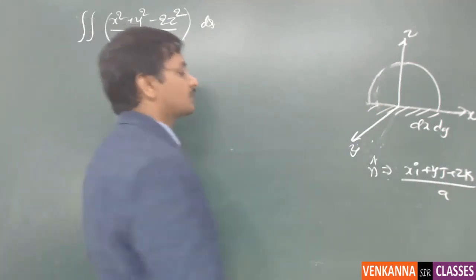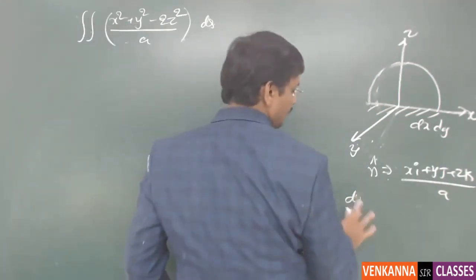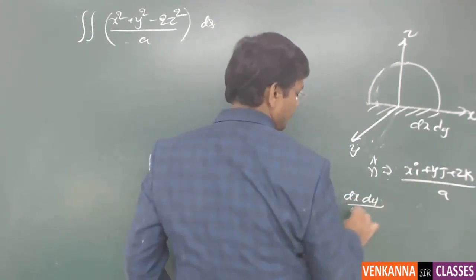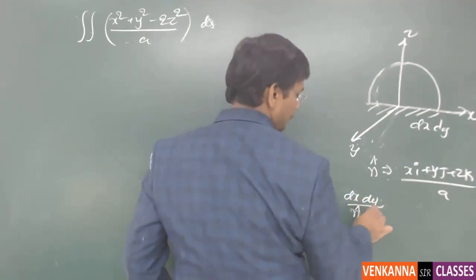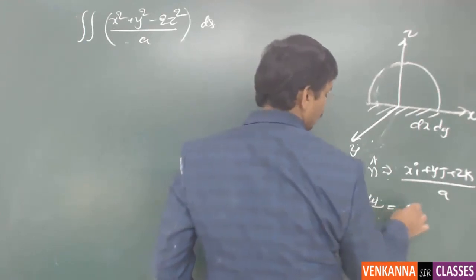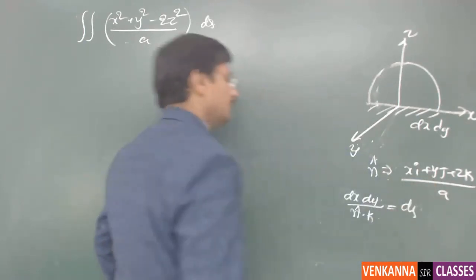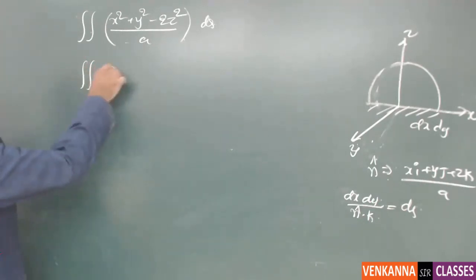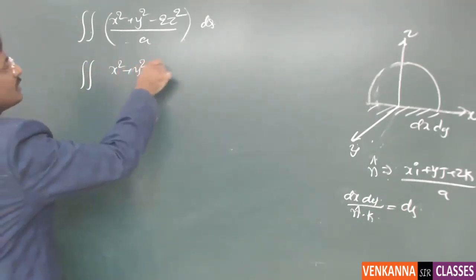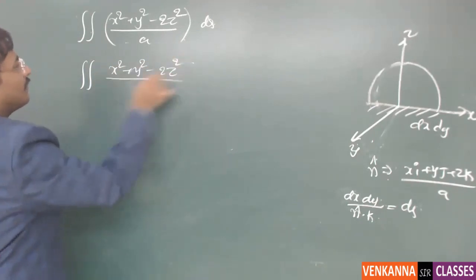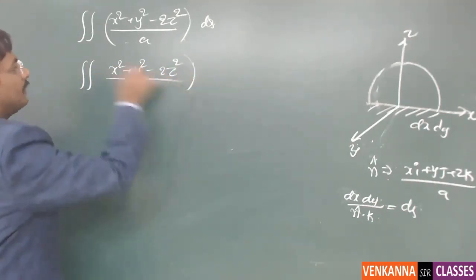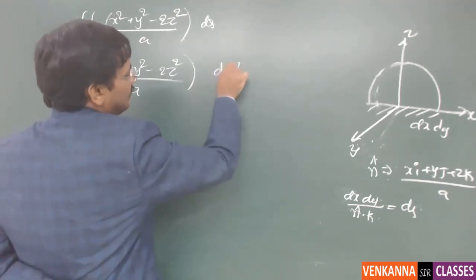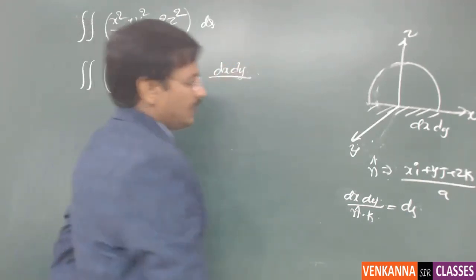Now as I explained earlier, dx dy divided by n cap dot k is equal to ds. So ds is nothing but dx dy times (x square plus y square minus 2z square) divided by a, into dx dy divided by n cap dot k.